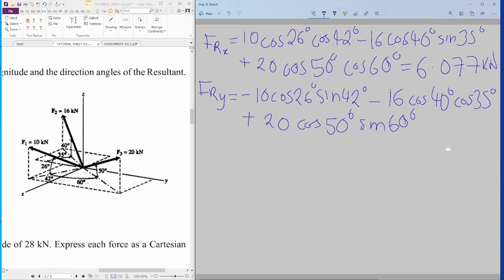Oh, sorry, the degree is looking like a 6. It's not a 6, it's a degree, it's just the writing problem.